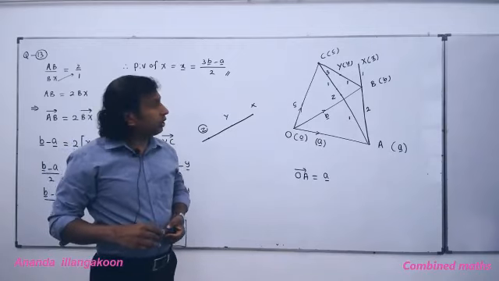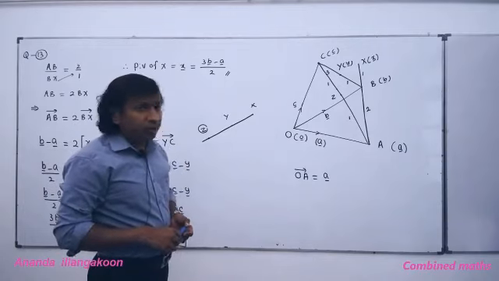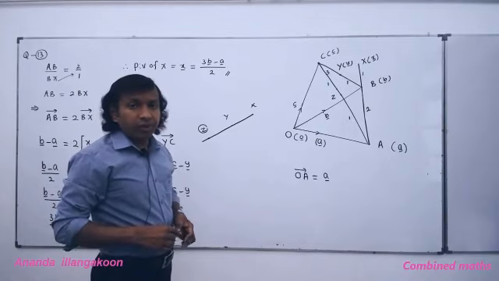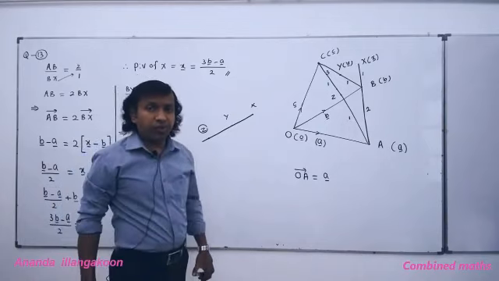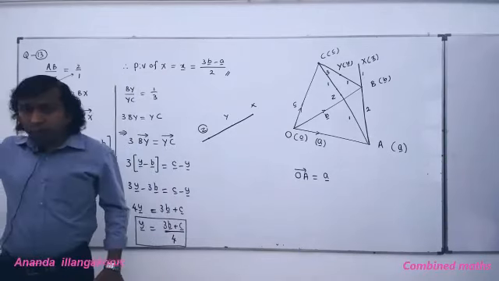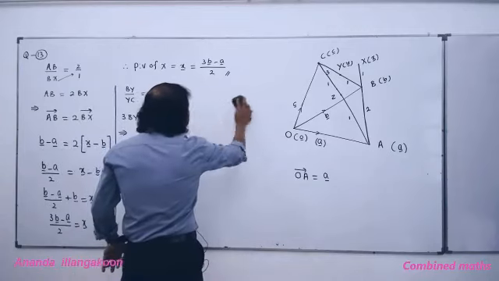Understand? Right. In this case also, we have to prove these X, Y, Z points are collinear points. That means the 3 points X, Y, Z lie on the same line. Okay.